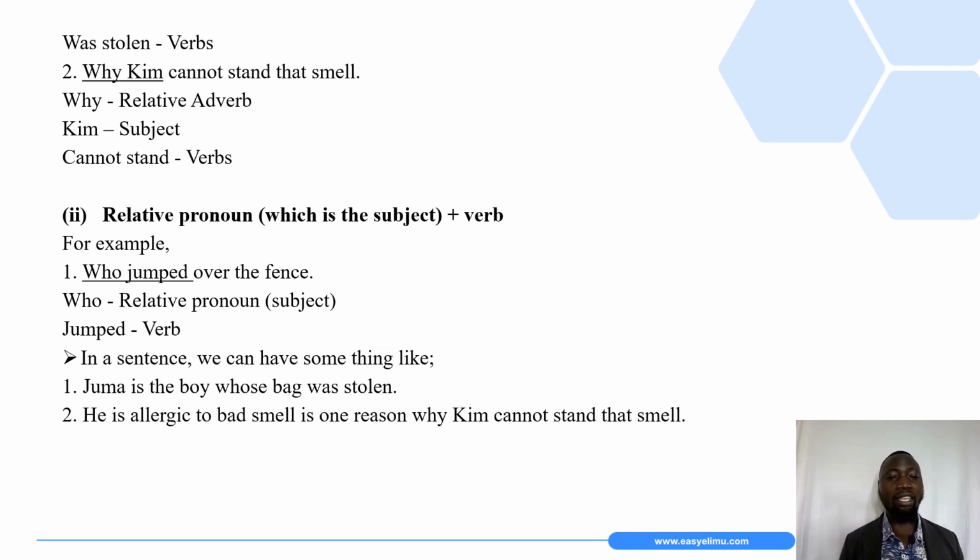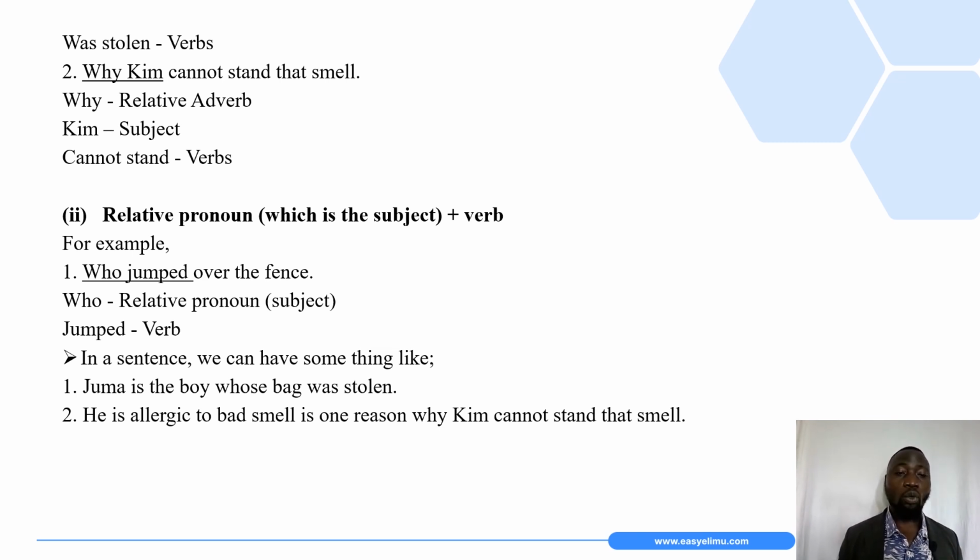Looking at the adjectival clause who jumped over the fence, we can construct a sentence expressing a complete thought using that clause. We can say there is the boy who jumped over the fence, or John is the one who jumped over the fence.